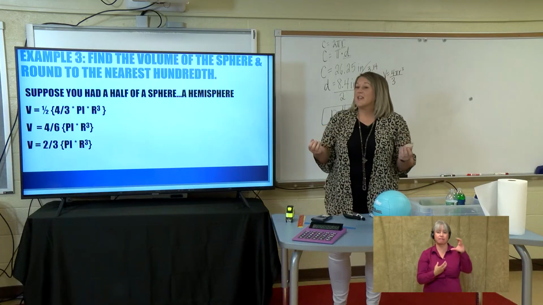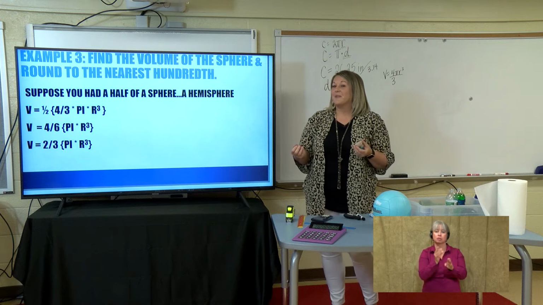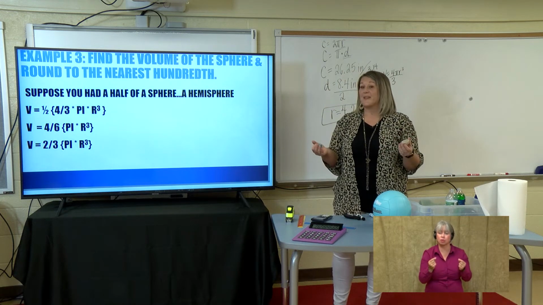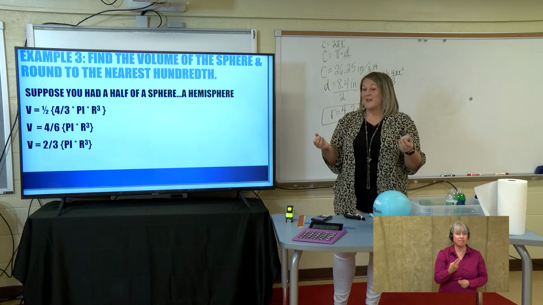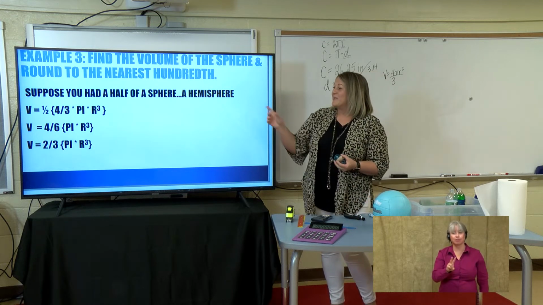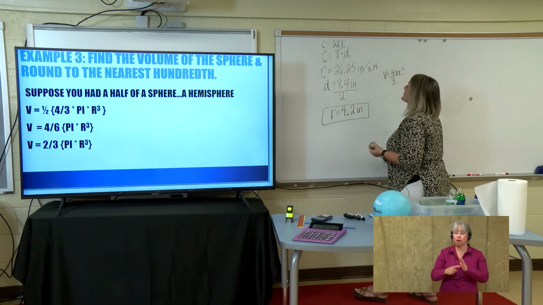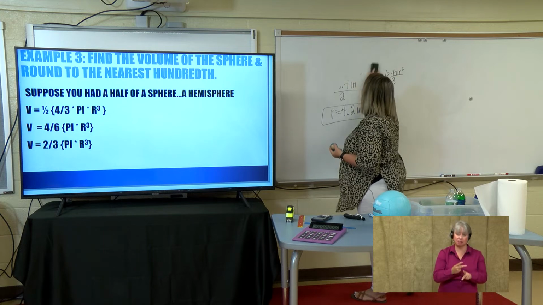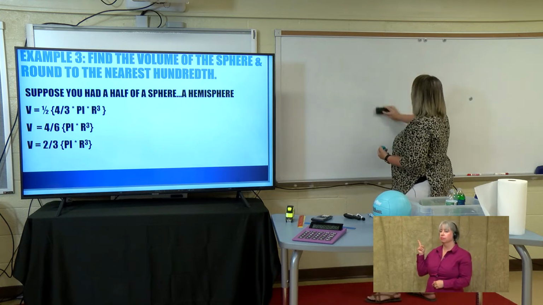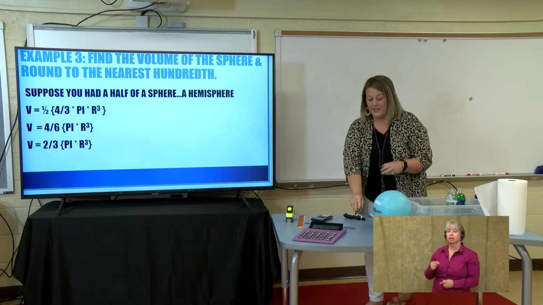We would use the same formula, but what will we have to do? If it's half of something, we would have to divide by 2. That's right. So if we do that, I'm going to show you this math here. Let's go to our board. Sometimes it just helps to explain it a little better as we go.